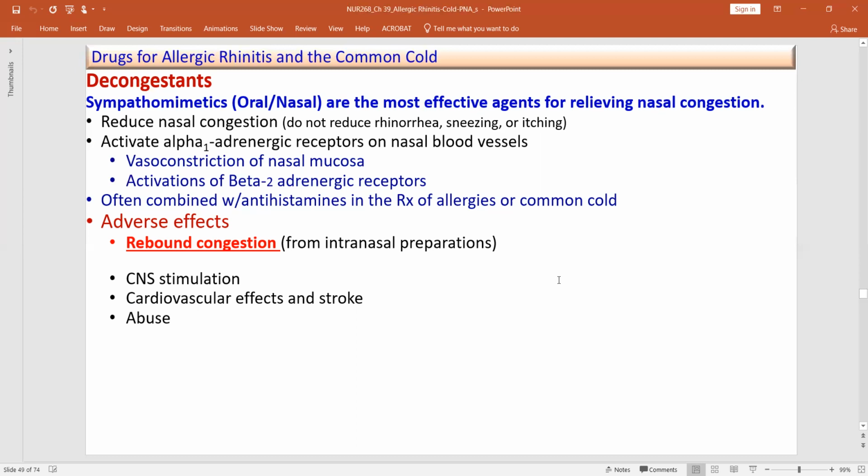Rebound congestion results mostly from the intranasal preparations. That is one of the side effects, the most common one. So it should be used only for 3 to 5 days to prevent dependence, and then switch to a different intranasal corticosteroid.